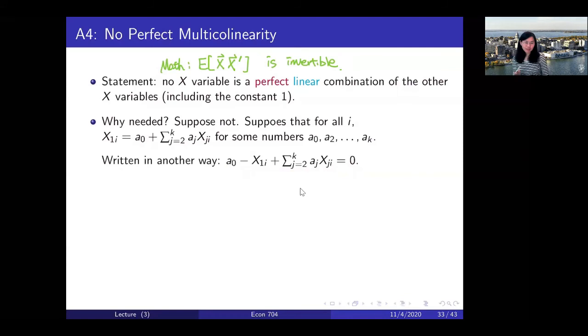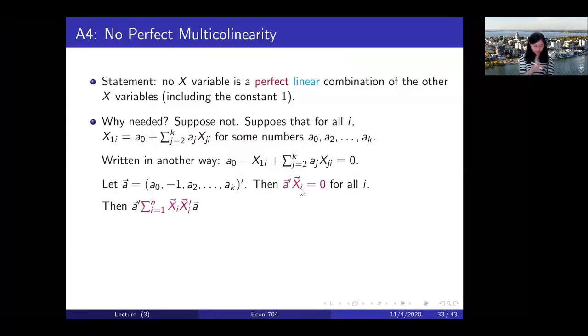We can write this in vector form. We collect all the coefficients and all the x variables and write them as the inner product of the coefficient vector and the x vector.